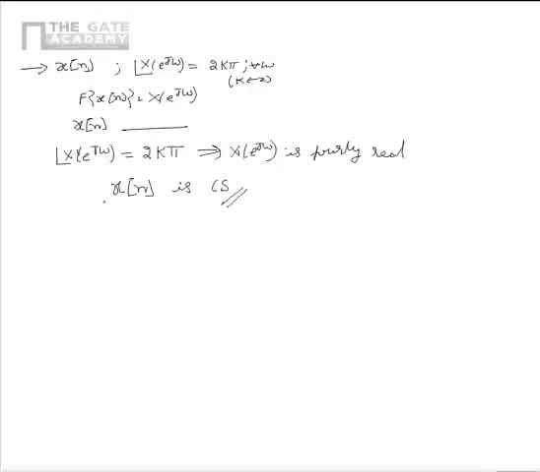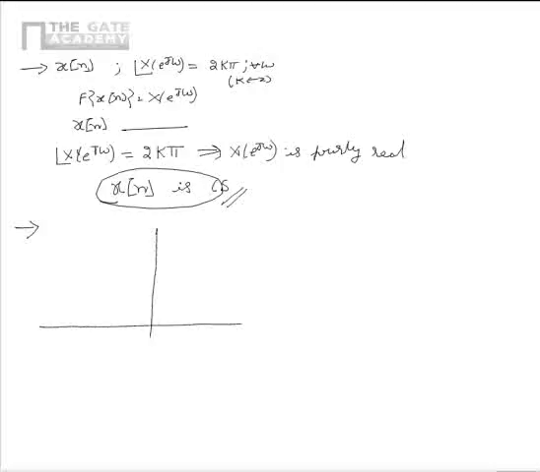This is a known relation: if x of n is conjugate symmetric, x of e power j omega is purely real. So we could comment on the nature of the signal, that x of n is conjugate symmetric.